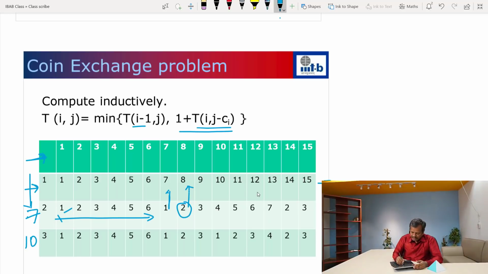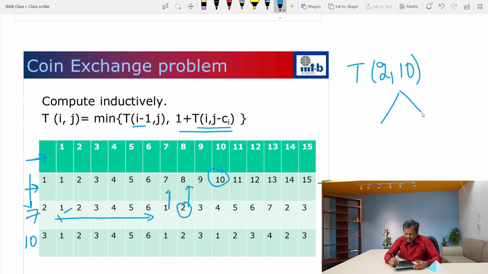Similarly, let's look at this example. Let's say I want to pay for 10 using the first two coins. One option is not to use the second coin. Then you have to pay everything using the first coin, and the number of coins required is 10.